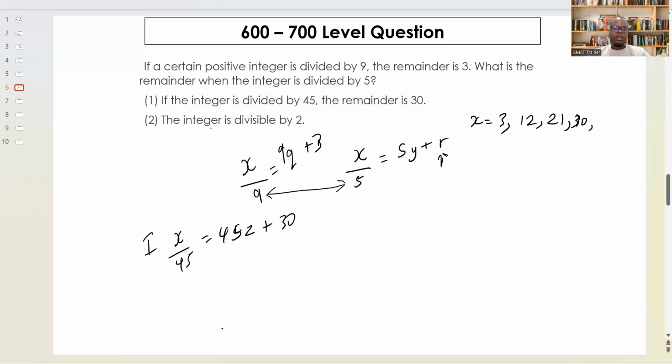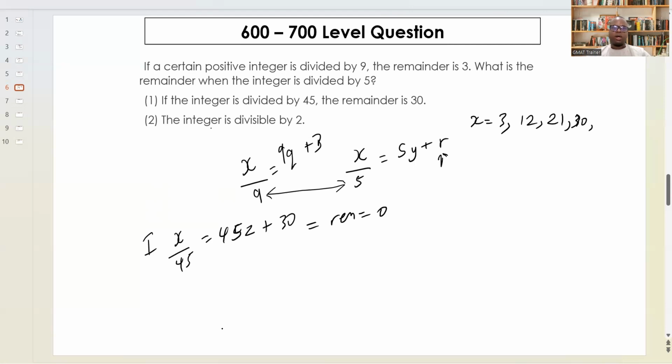If you look at these two, 45 is a multiple of 5, and 30 is also a multiple of 5. Just by looking at it, you don't even need to go further, because all these will be multiples of 5. Hence, the remainder is going to be 0. So r is going to be 0.